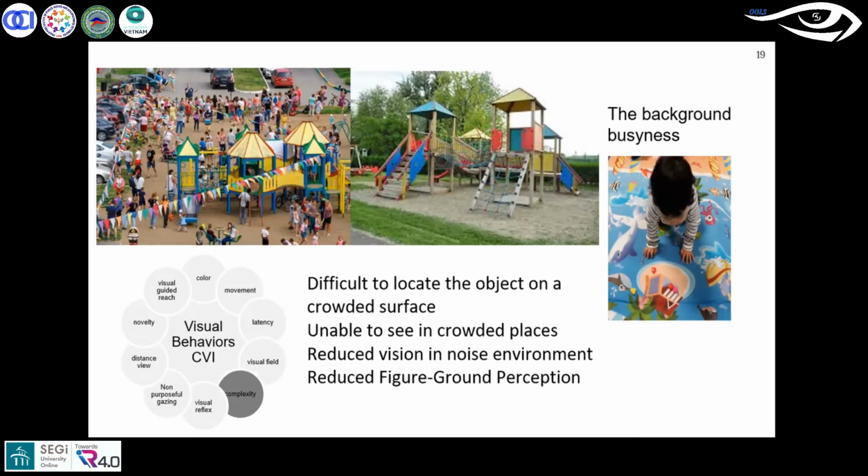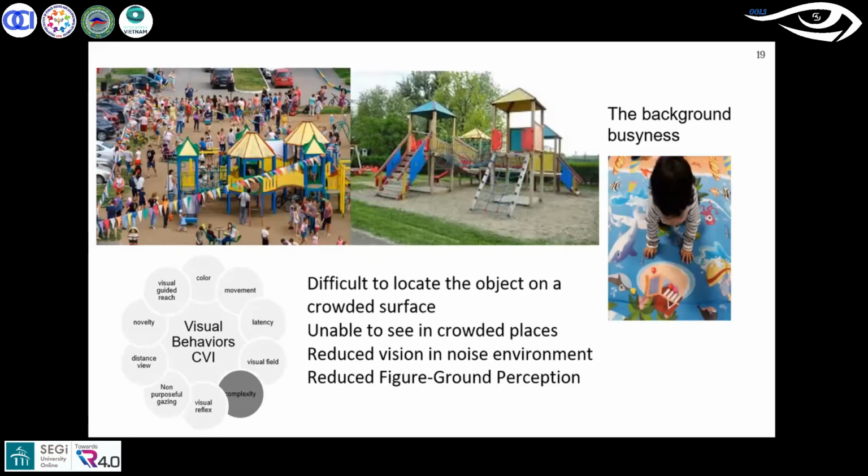She was searching and trying to scratch on the background with her hands and fingers in order to identify whether the candle is actually above the material, or is it the background itself. So that is also one of the interesting things to know. And actually, this complexity plays a major influence in a child with CVI.